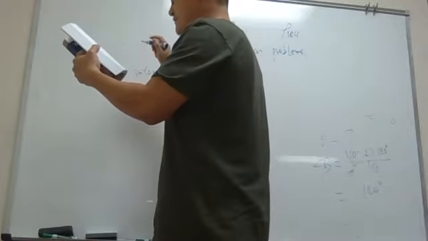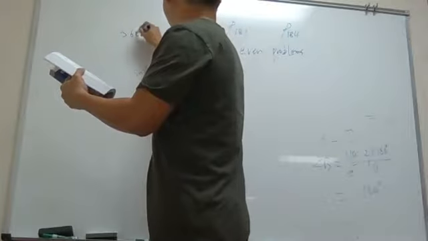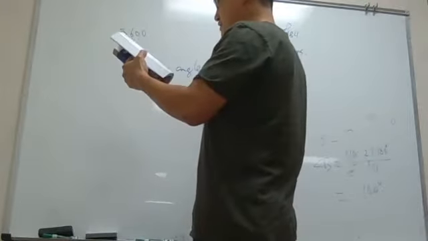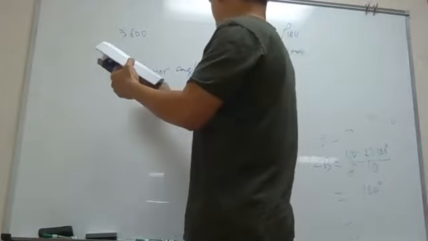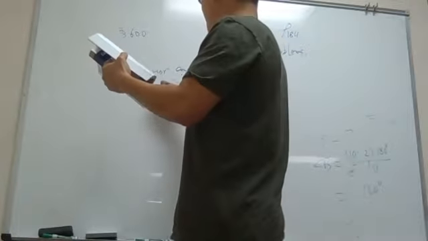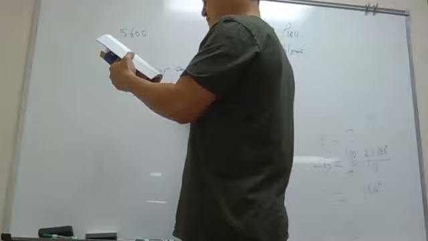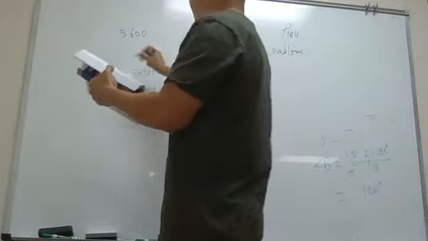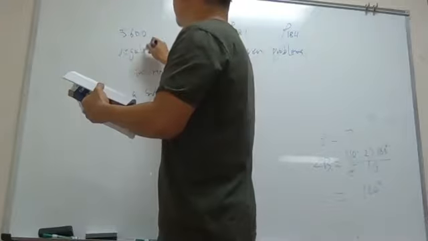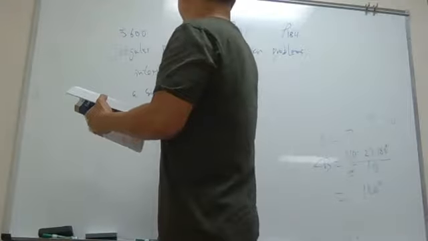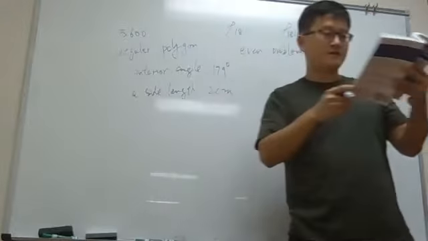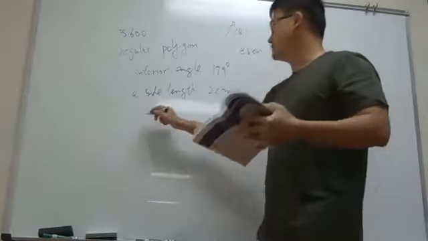So this is 5.600, right? You have the interior angle measured as 179 degrees, and the side length is 2 cm. So this is a regular polygon. We're not sure how many sides there are, right? You just know that it's a regular polygon, and they ask what its perimeter is, right?